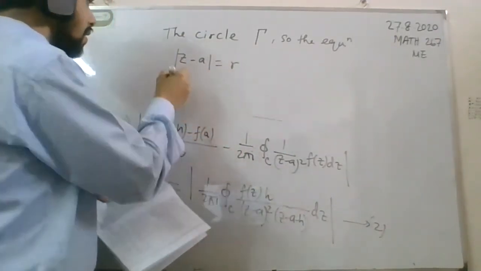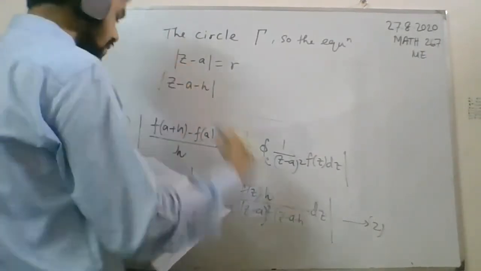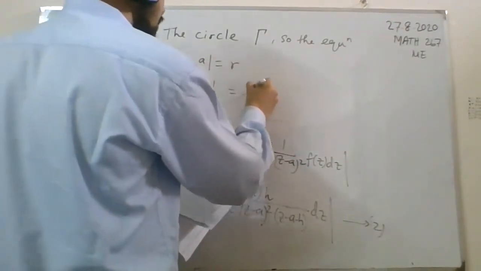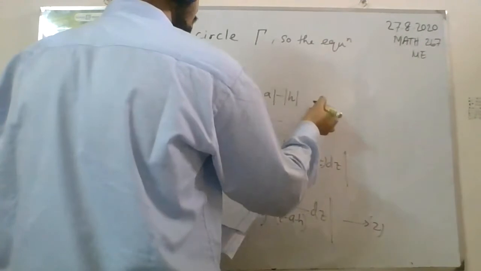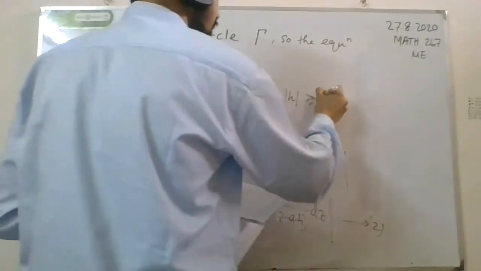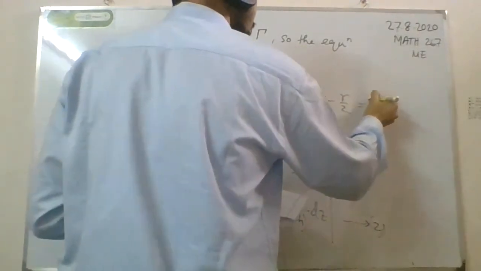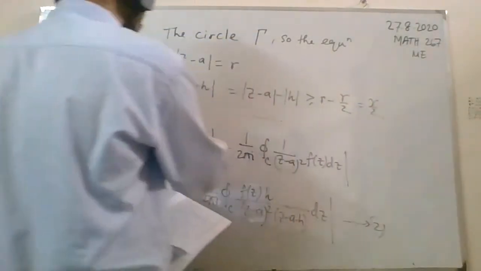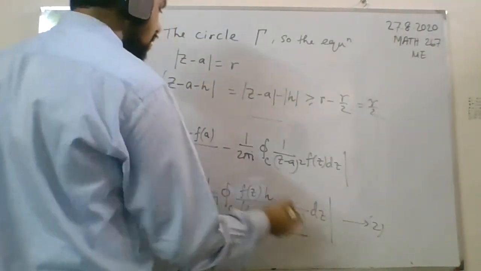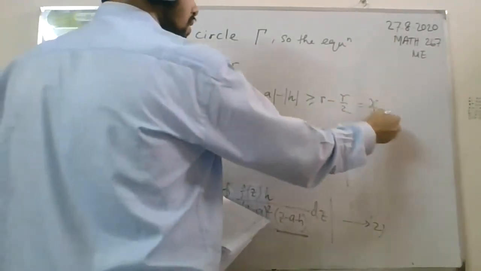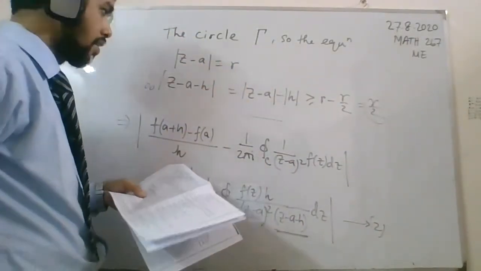You can say this, and also a plus h for this reason. You can also say modulus of z minus a minus h, and also you can say that r minus r by 2, which can be given as r by 2. So the value of modulus of z minus a minus h will be r by 2, and modulus of z minus a is r.